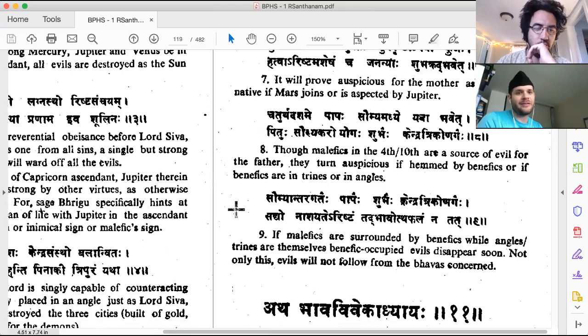So it's not only counteracting malefic effects, it's also increasing benefic effects without a doubt. I really love these two shlokas.